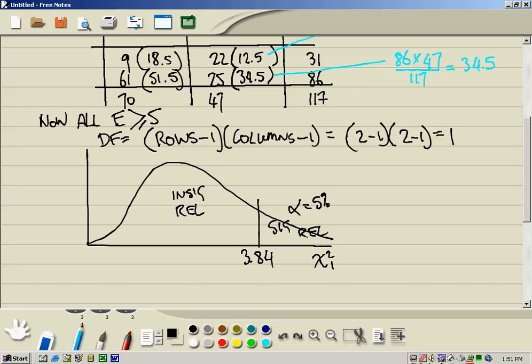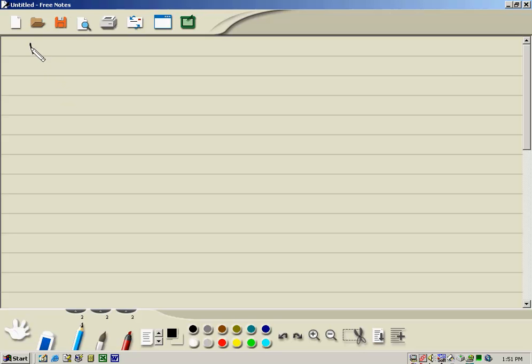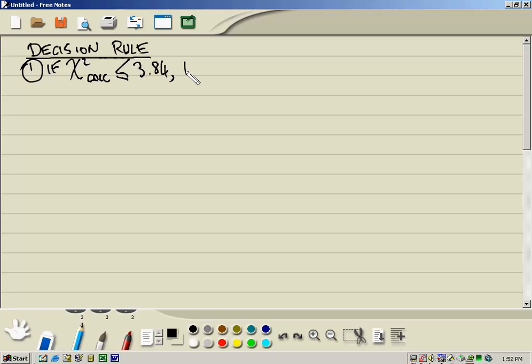Okay, so let's write down our decision rule. If the calculated value of chi-squared is less than or equal to the critical value, in this case 3.84, the observed and expected are close together, so do not reject the null.